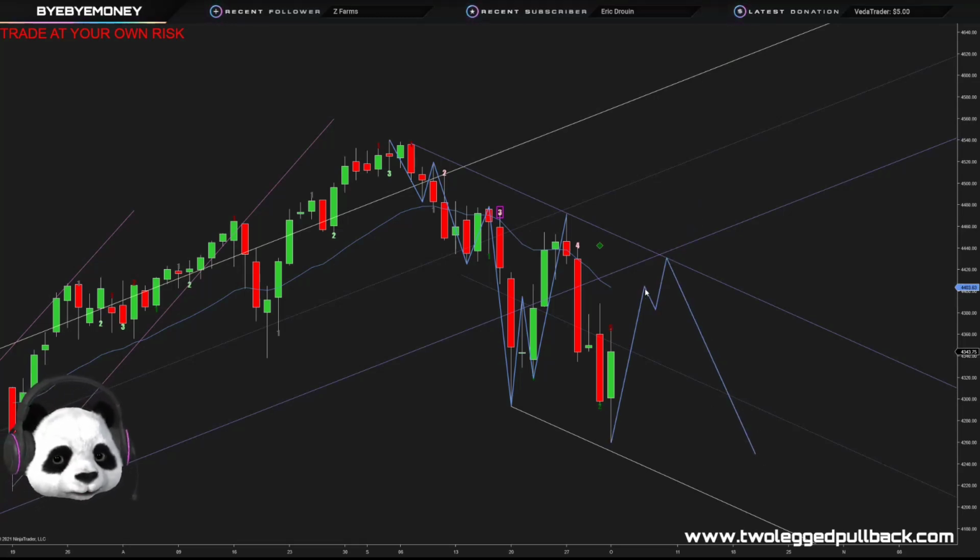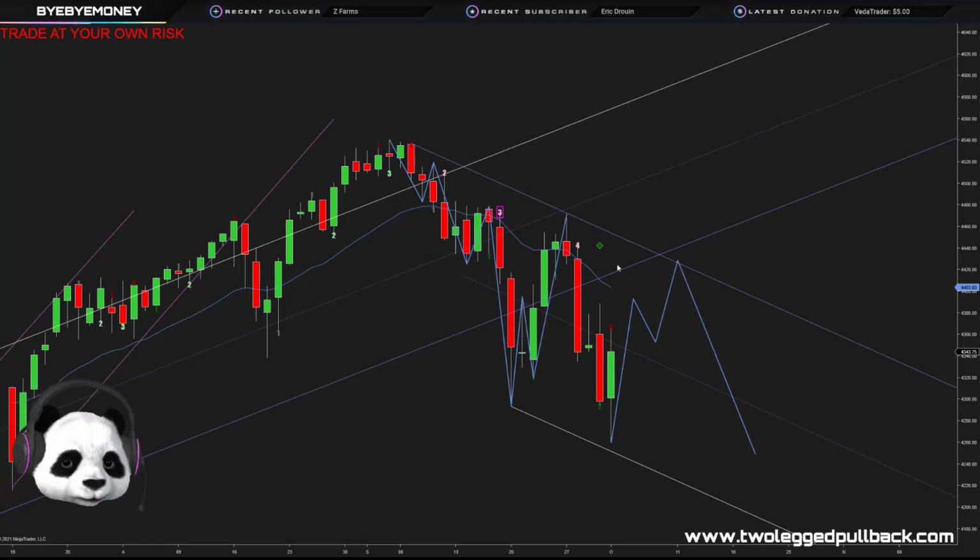Most likely, we'll come back up to the 20 EMA, and I would say probably it won't even be a two-legged pullback. It'll be a first entry, test that 20 EMA, and then we might just reverse there. But it'd be nice if we can get a 20 EMA, maybe a lower high, second entry, something like this along these lines off the 20 EMA. That'd be a very good setup, in my opinion. That, or we come here to test the top of this channel, and those are my two setups I will be looking for on the daily here.